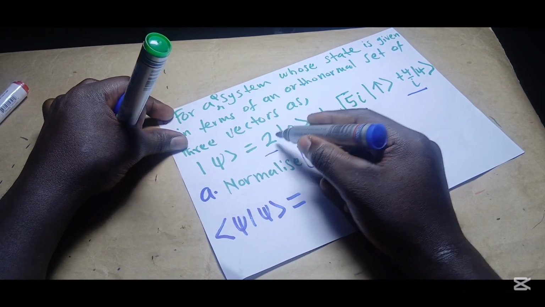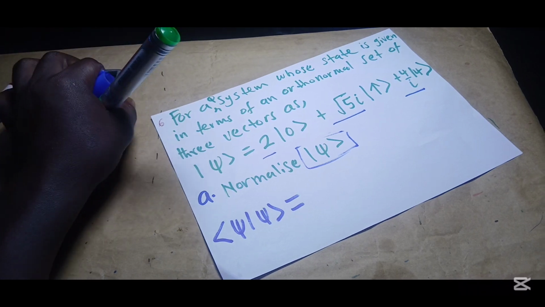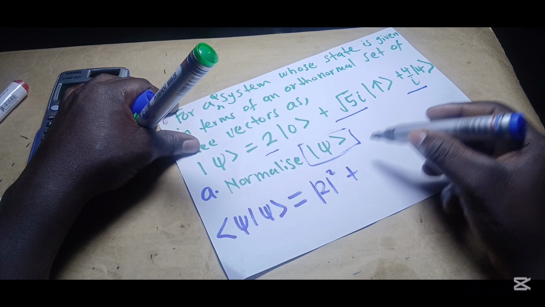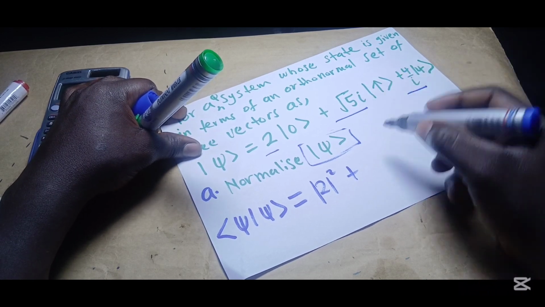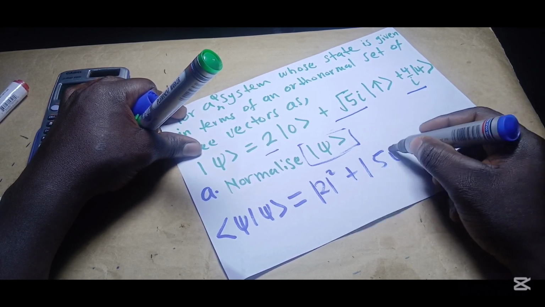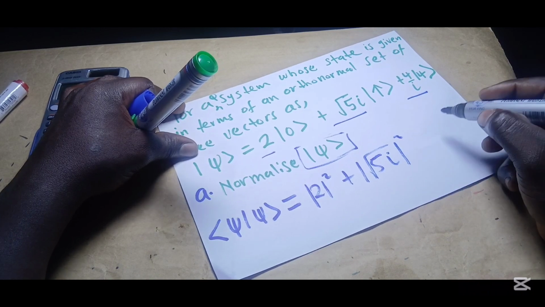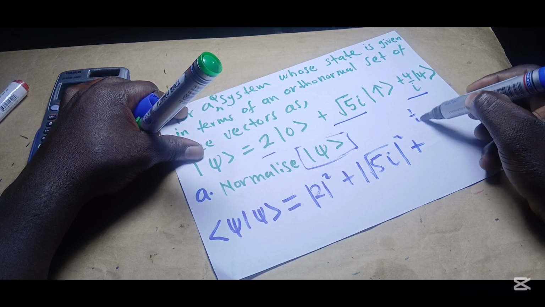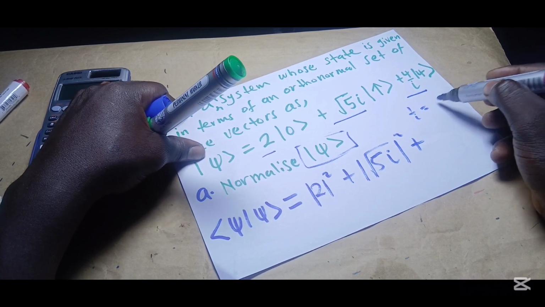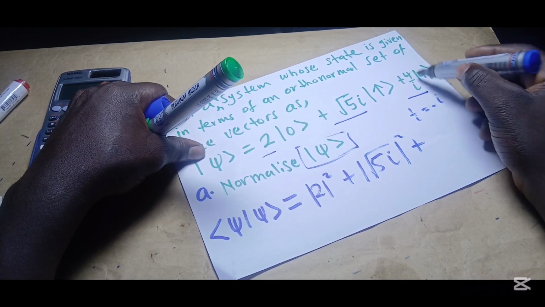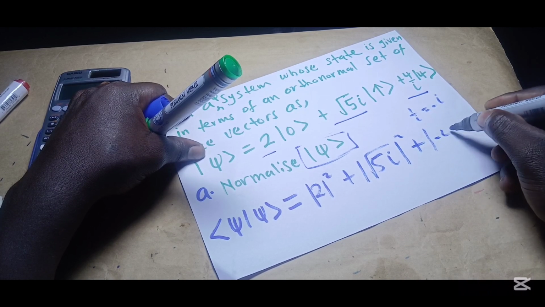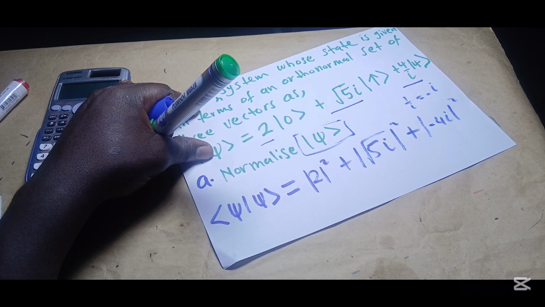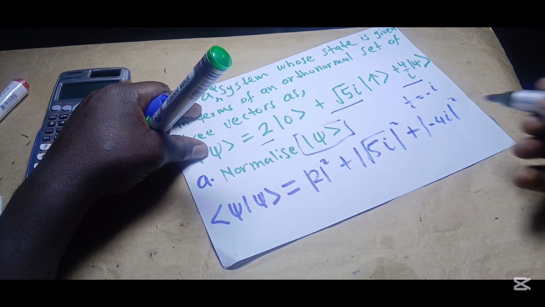So we are going to take the absolute square of 2, plus the absolute square of square root of 5i, plus the absolute square of 4 over i. 1 over i is equal to negative i, so this term becomes negative 4i squared. But since we are dealing with absolute values, this term will become positive.